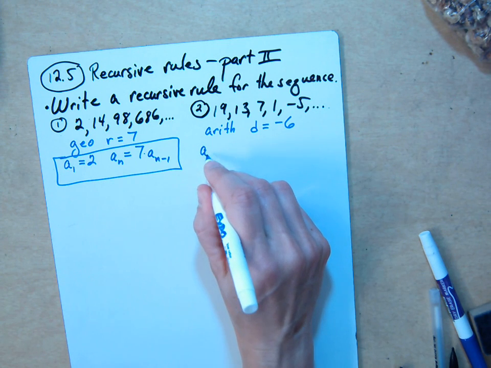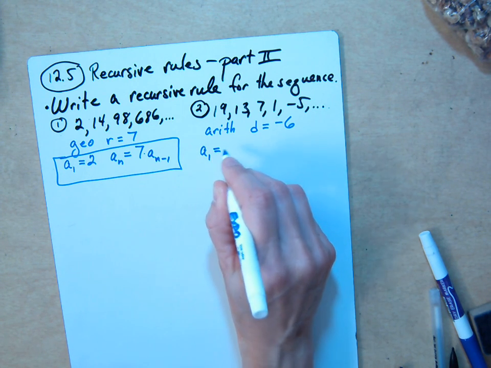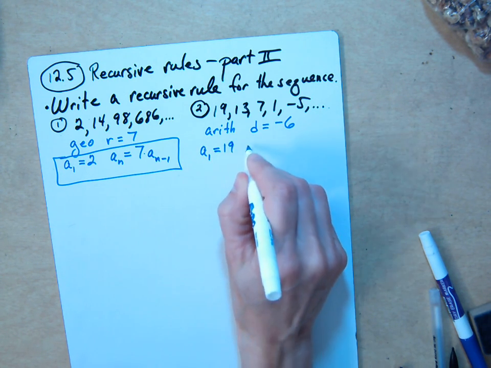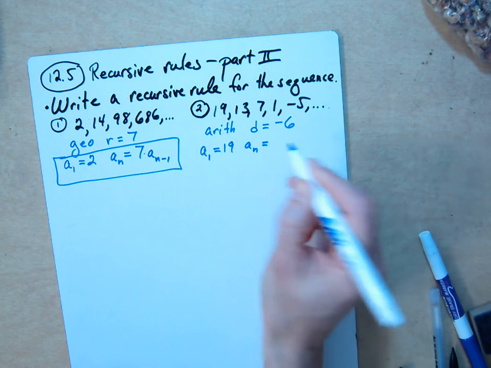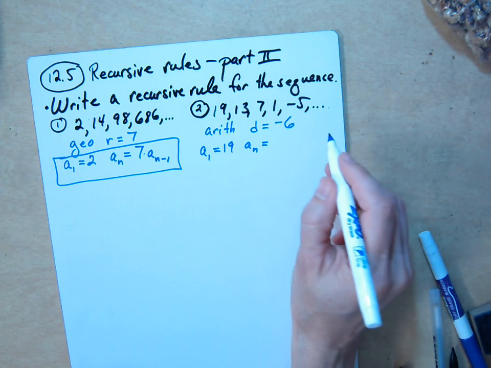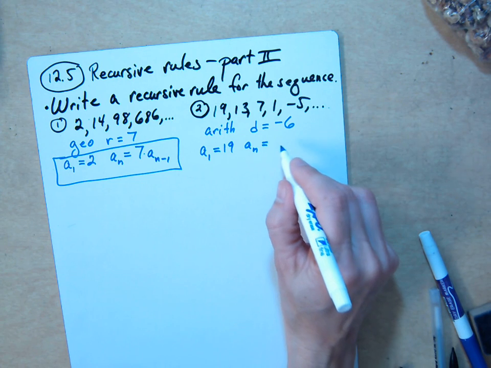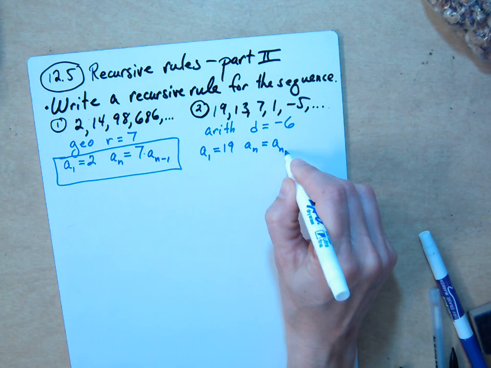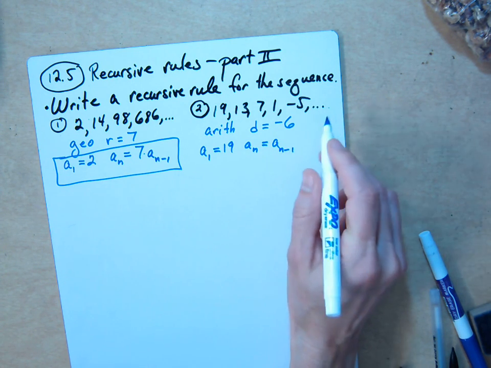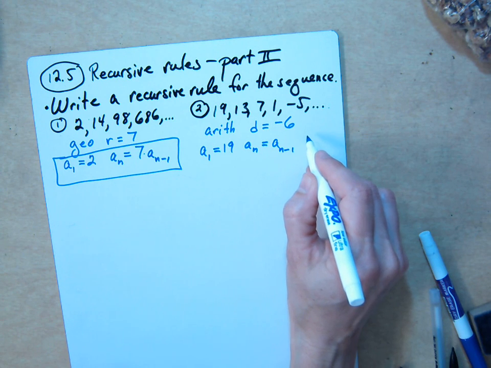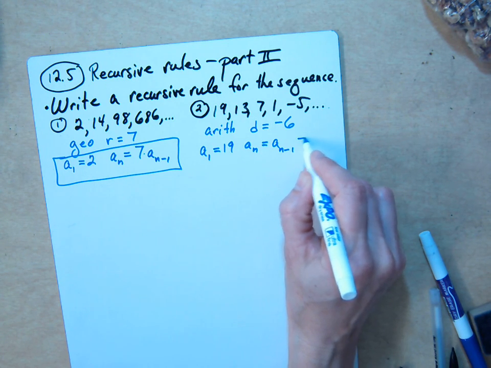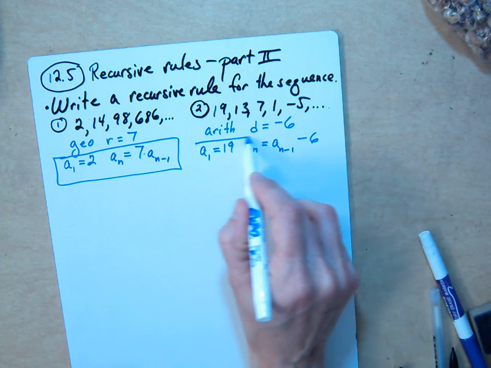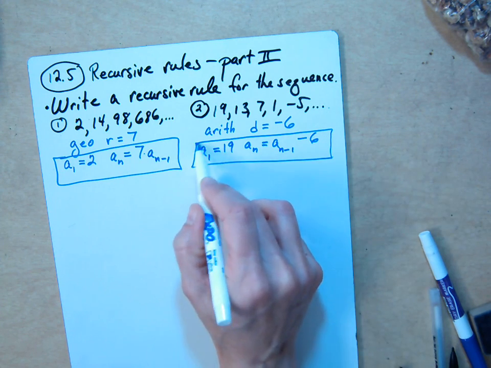So, our rule is a sub 1 equals what? 19, and a sub n equals what? Yeah, John? A sub n minus 1 plus negative 6. Yes, perfect. And he said plus negative 6, which you could write, or you could say just minus 6. Either one is perfectly fine.